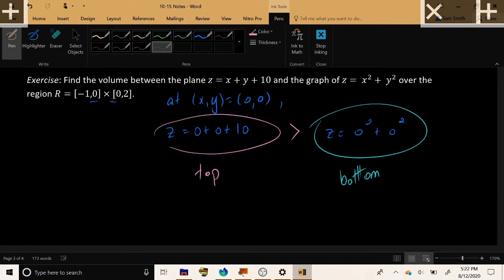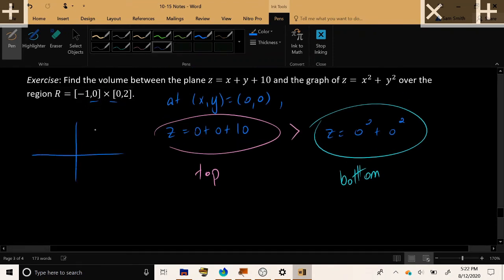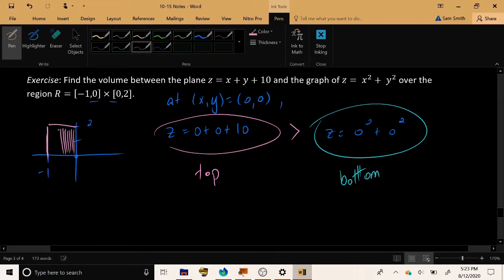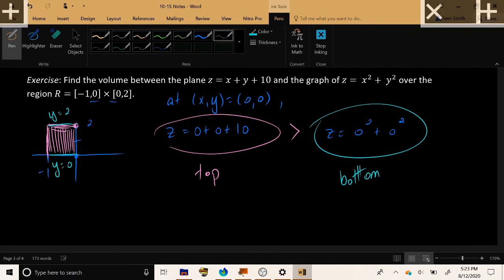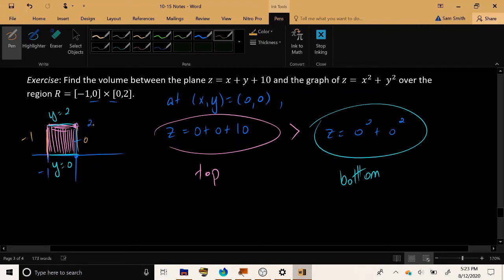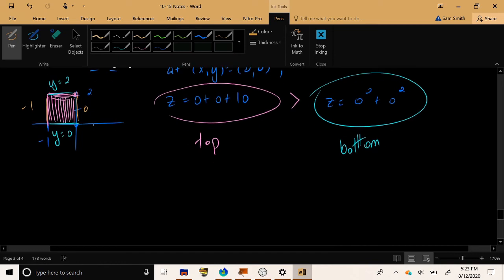Now, rectangular regions like this R, which goes from -1 in the x direction to 0, and 0 up to 2, rectangular regions like this are extremely convenient because the top function is just the constant y equals 2. The bottom function is just the constant y equals 0. The leftmost x is -1, the rightmost x is 0, and so all the limits of integration here are just numbers.